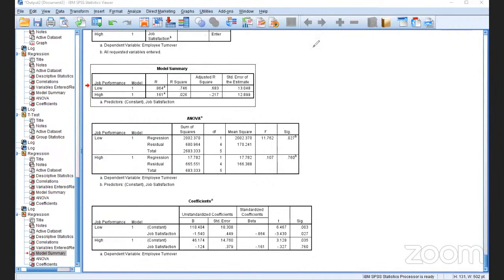Now we see the coefficient table. In this coefficient table, for low job performers, what is the p value? It is this.